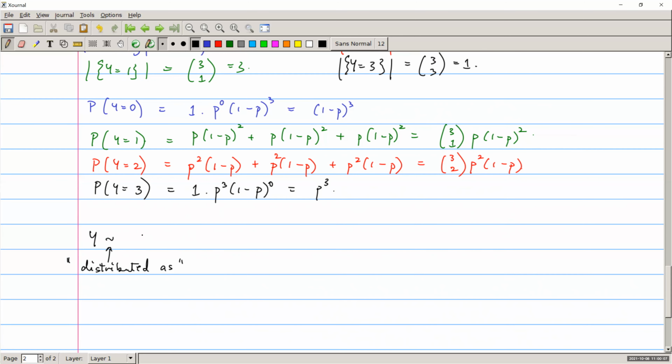Y is called a binomial random variable. When we write a binomial random variable, we pass in two parameters: one is the number of Bernoulli trials, and the other is the parameter corresponding to each of the Bernoulli trials.